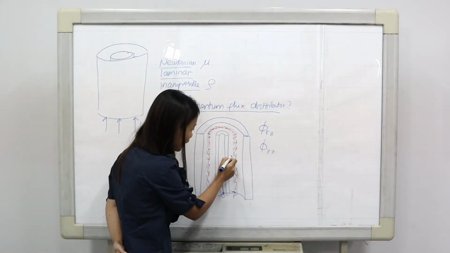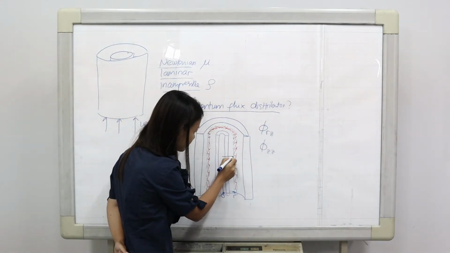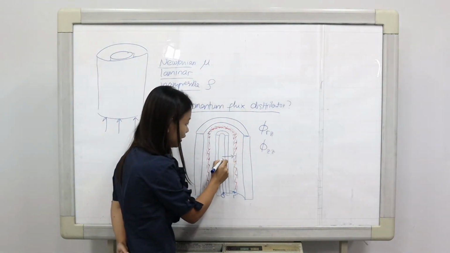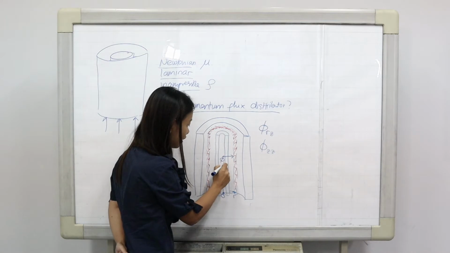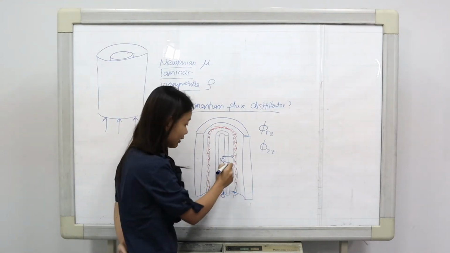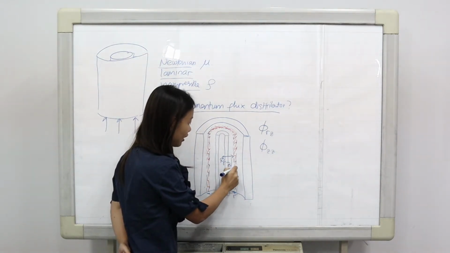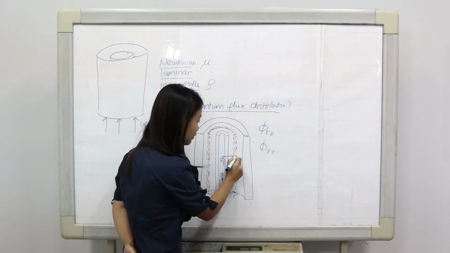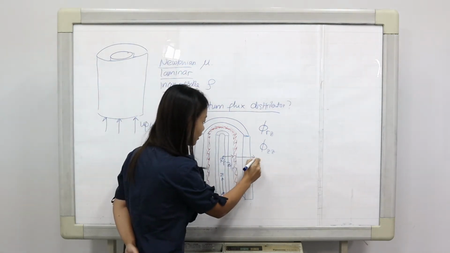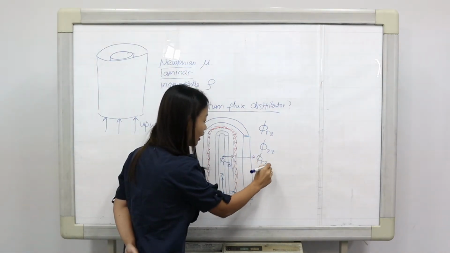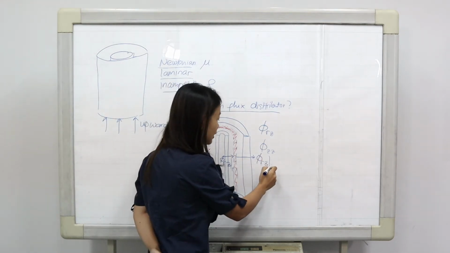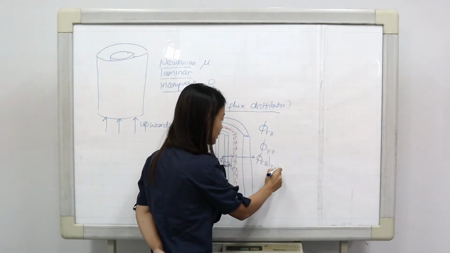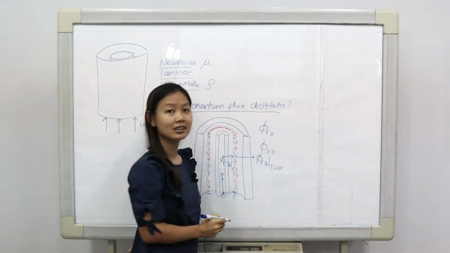So basically we can draw like this. This is the phi rz in at r, and this is the phi rz out, at r plus delta r.